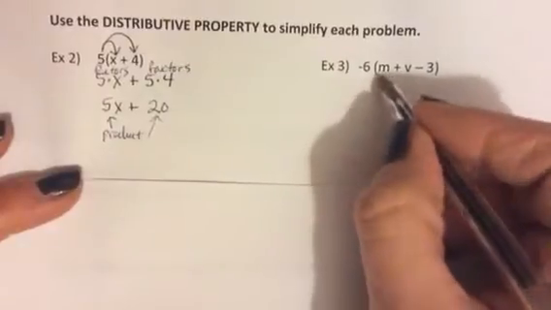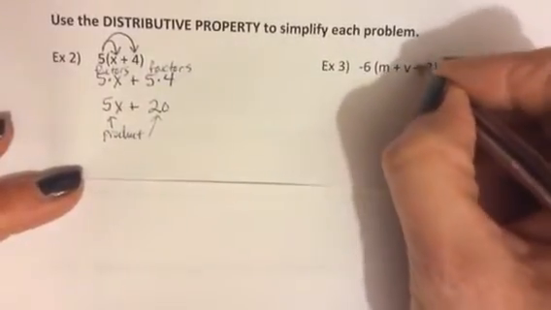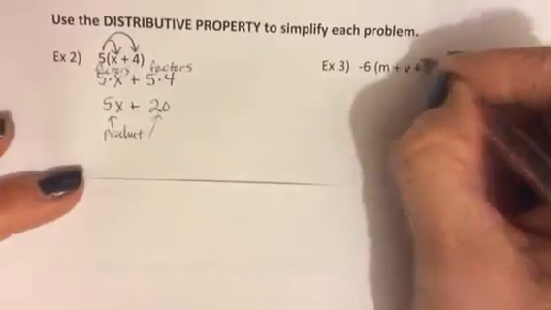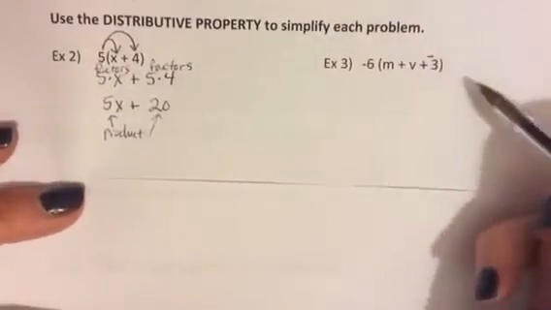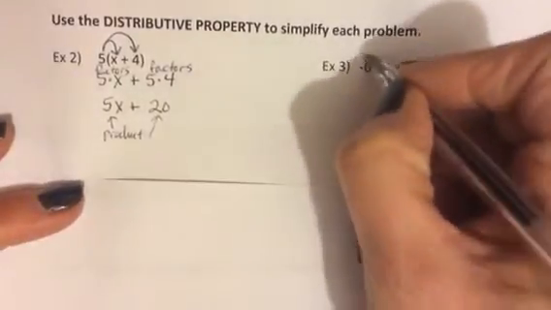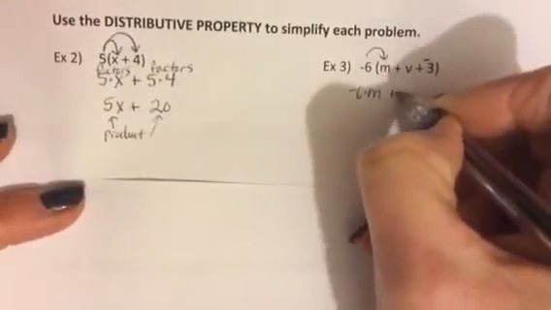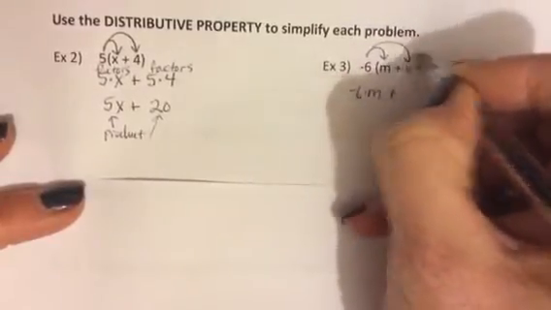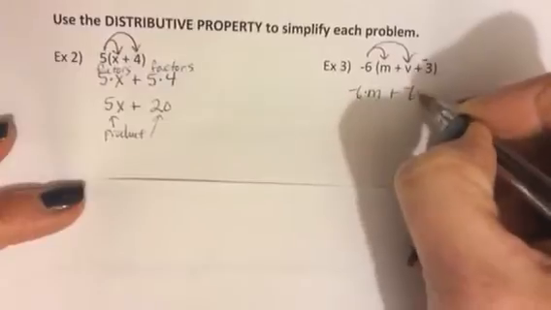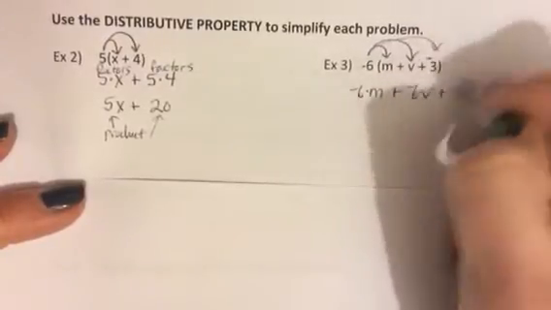Okay, now over here we have 3 terms. And I'm going to change this minus 3 into plus a negative 3. As I've told you, especially with algebra, that's the best thing to do. So we're going to take negative 6 times m plus negative 6, we're distributing it now to the b, plus, now we're going to take negative 6 times negative 3.